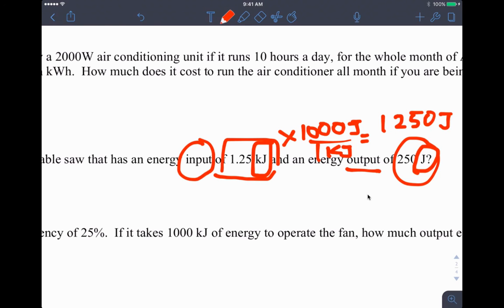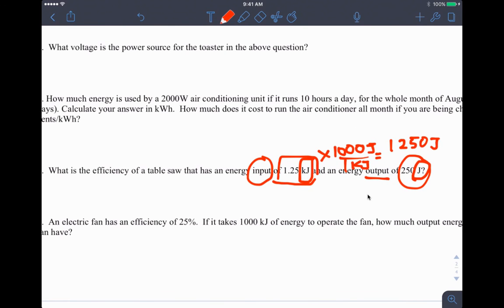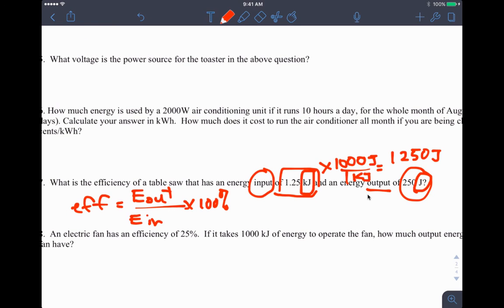1,250 joules. That's important to catch before you do the calculation, because I don't think the calculation is too difficult after you've seen that. To calculate efficiency, I would just say EFF equals the energy output over the energy input times 100%. I will replace the output with 250, and the input will be 1250.